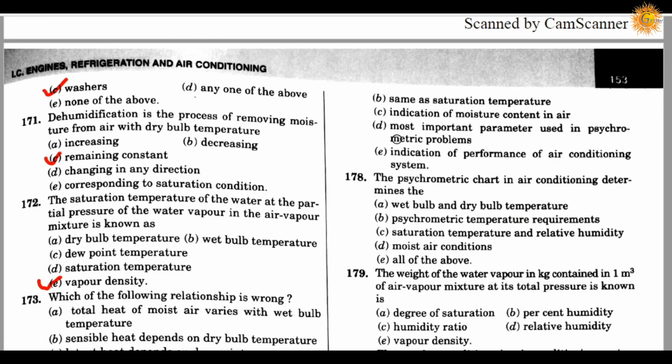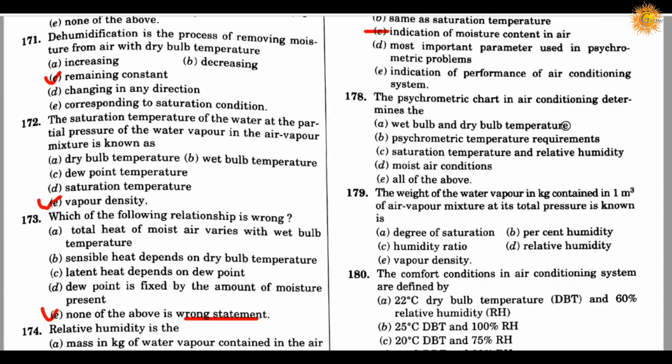Option D, most important parameter used in psychrometric problems. Option E, indication of performance of air conditioning system. So the correct answer is C, indication of moisture content in air.